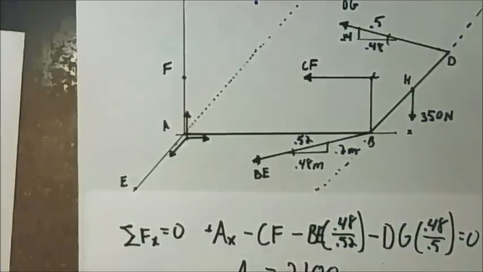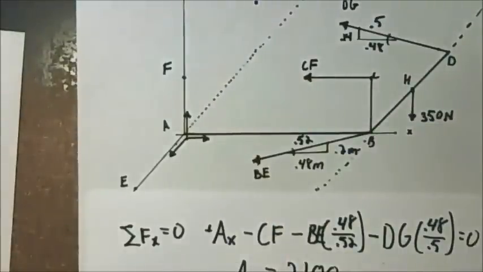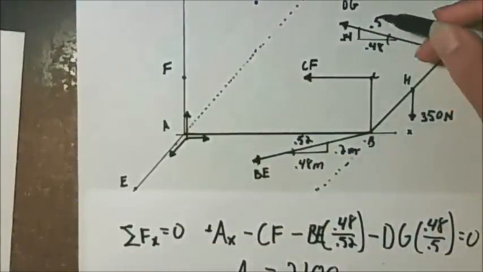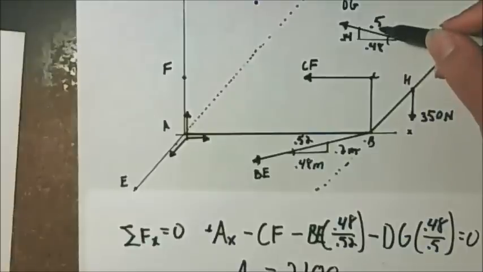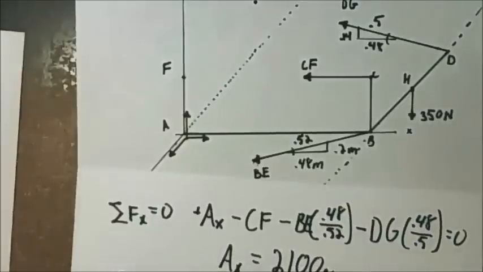Now if we sum the forces in the y direction, you have the y component AY, a positive AY. And we have the y component of DG, which is plus DG times the sine, 0.14 over 0.5, equal to 0.